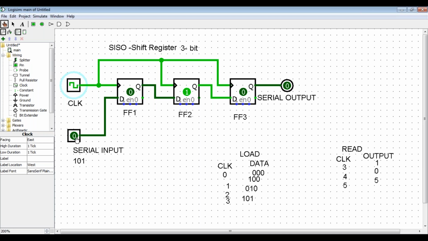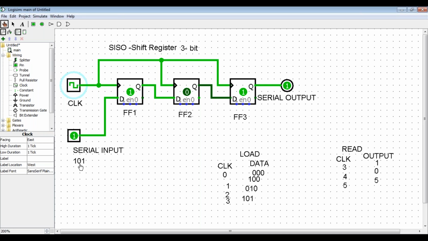The previous one is shifted to your second flip flop. What is the third input? 1. Again I am applying my clock pulse. The MSB bit is loaded in the first flip flop. The value in FF1, which is 0, is shifted to FF2. Whatever value was present in FF2, that is 1, is shifted to FF3. So in my third clock pulse I am getting 1 0 1, whatever serial input was loaded after my third clock pulse.